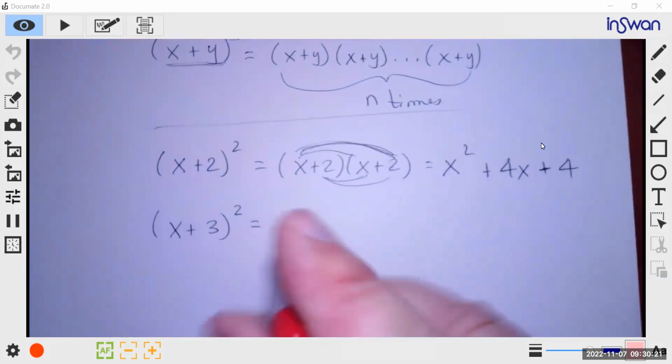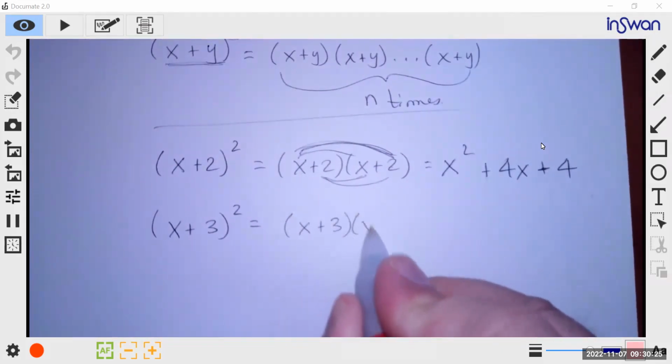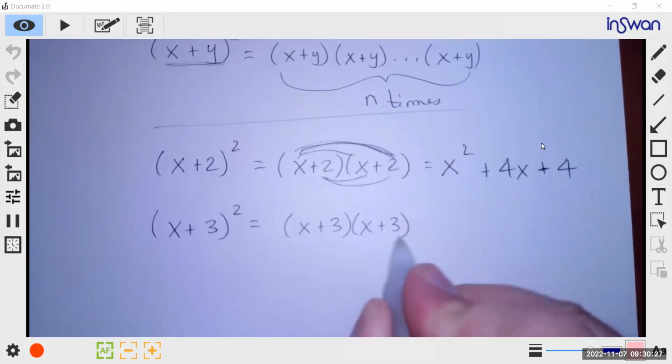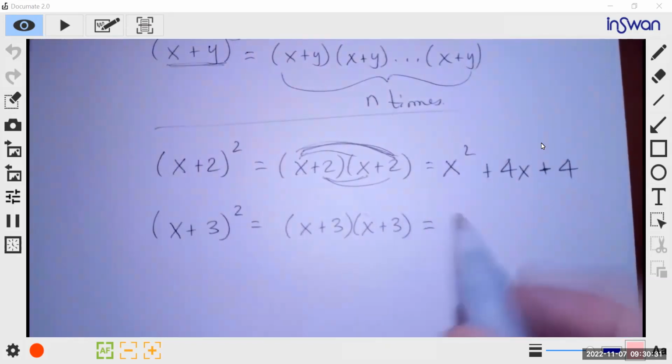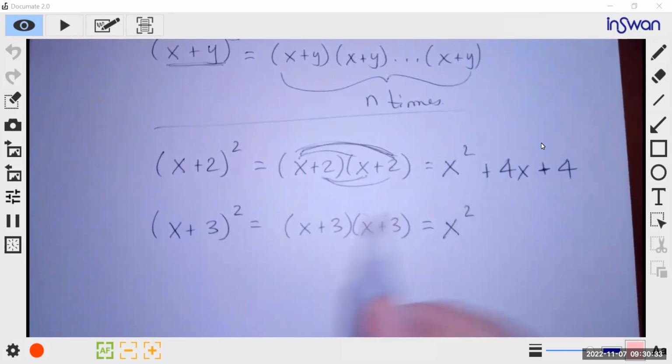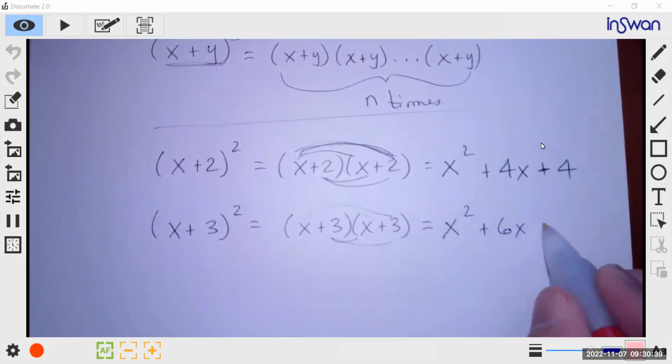x plus 3 squared. x plus 3 times x plus 3. x times x is x squared. 3x plus 3x is 6x. 3 times 3 is 9.